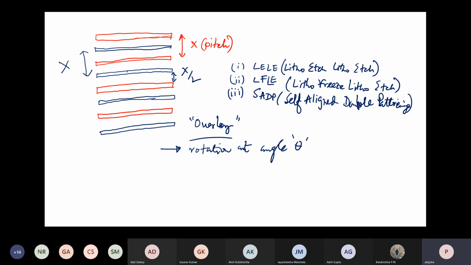The blue lines we are printing might not be exactly parallel to the already existing lines, so it might be a little bit tilted by an angle theta.